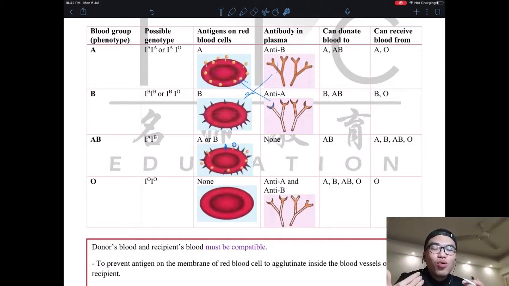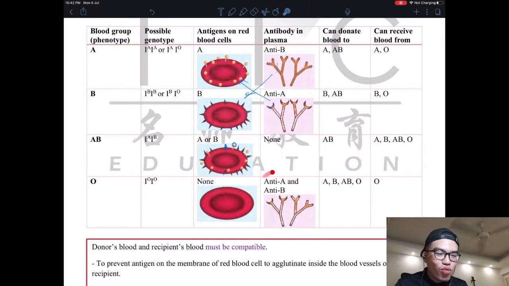If I get it from O, O is the most, I would say, dangerous fella because they cannot get blood from anyone. Let's look at O first. Let's understand O. On the blood of O, they have no markers, none whatsoever. And let's say I'm an O person, I have anti-A and anti-B.